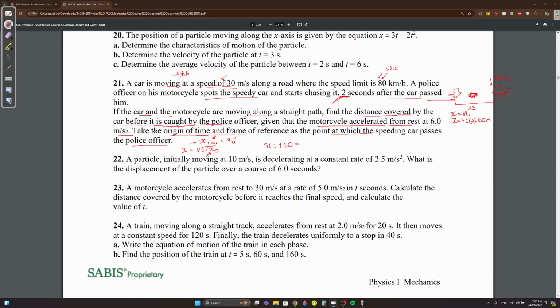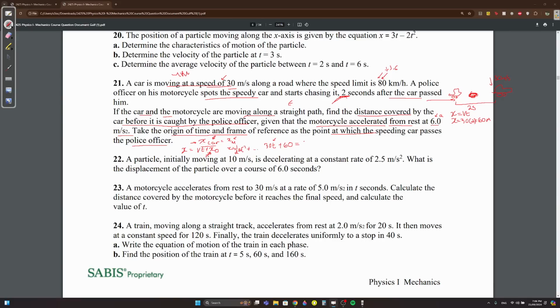Now the x of the motorcycle. They gave us acceleration, and we want position in relation to time. How can you find x if you have a and t from UARM? You're going to use x equals half a t squared.